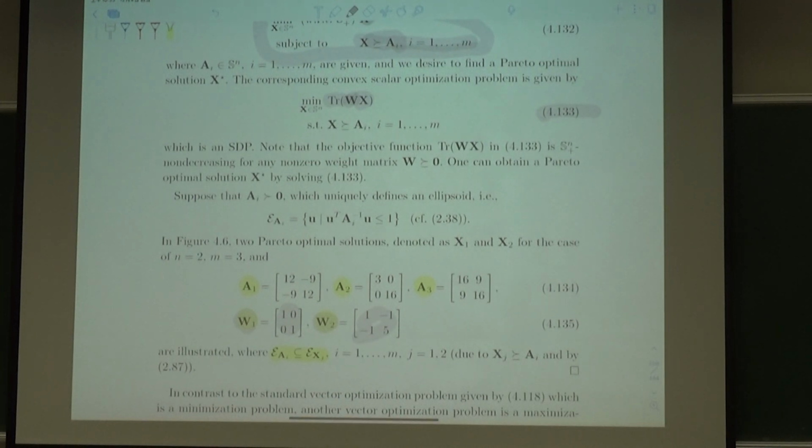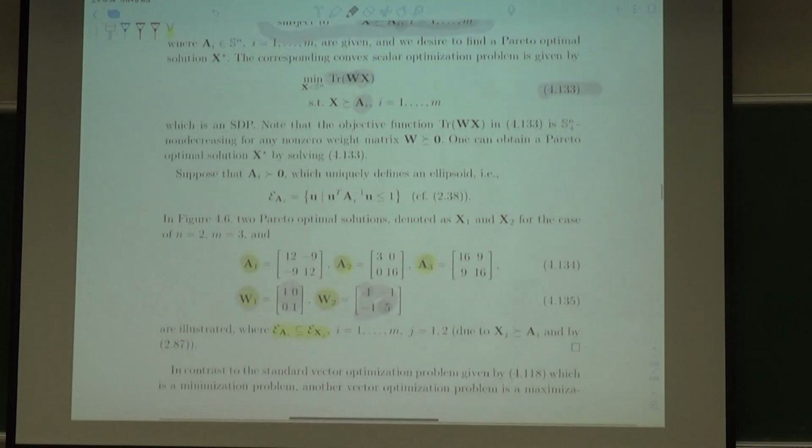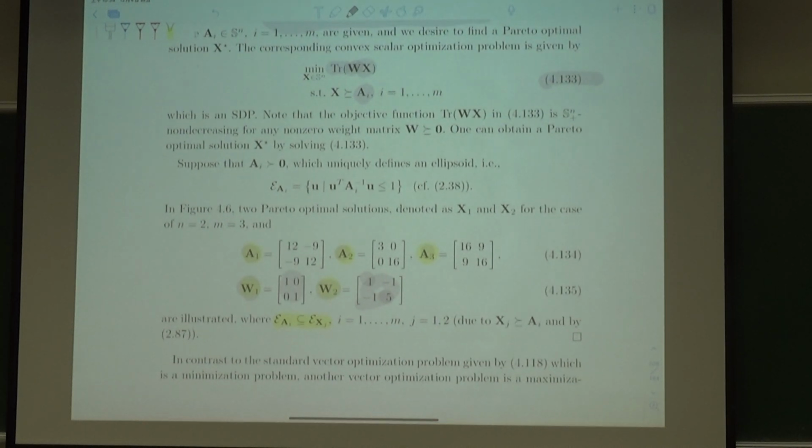You should be able to justify it as a PSD matrix: the diagonal terms must be positive, and its determinant must be positive. Suppose Ai are the inequality constraints, these three, and A1, A2, A3 are also PD matrices. This is the setup that we choose to make them PD matrices.